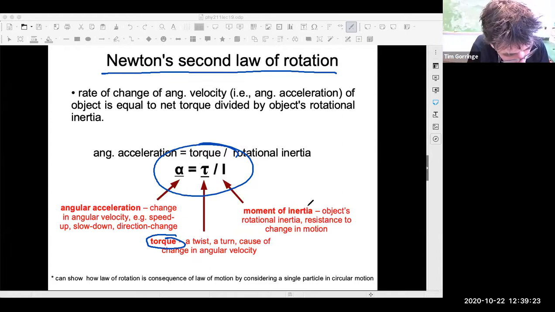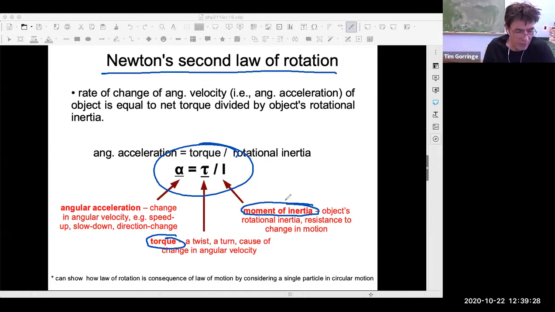The moment of inertia or rotational inertia, I'll call it both these things, is given a symbol I here, and that's kind of the object's resistance or reluctance to having its rotational motion changed. Like mass or inertia, m, was the kind of resistance or reluctance of a body to having its translational motion changed. And then finally, we've got angular acceleration over on the left-hand side.